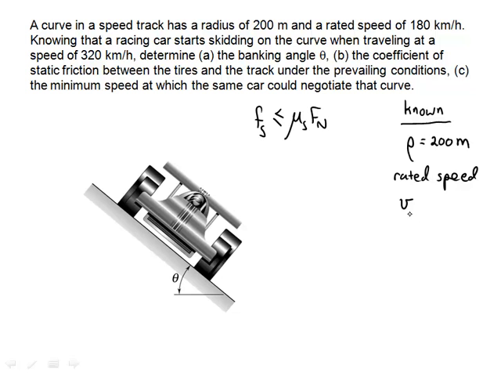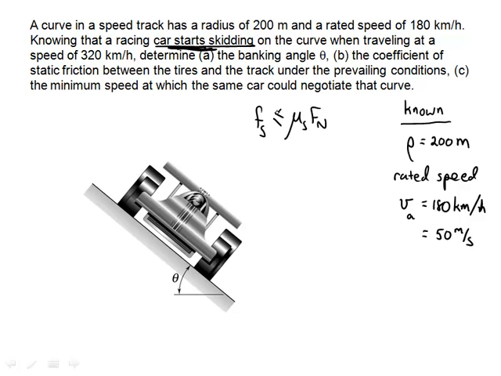So v in this part, I'm going to label with an A because this is part A of the problem, is equal to 180 kilometers per hour. And if we do a conversion, we find that that's equal to 50 meters per second. Then it goes on to say that the car starts skidding. So "starts" is the critical word here. What's happening in this scenario is I'm just breaking the static frictional force to where it's kinetic.